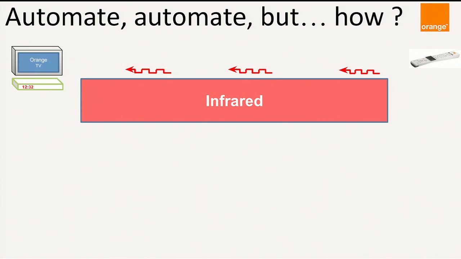So in our context, we have two worlds. One world is the infrared world, with the remote control on one side and our set-top box and the TV on the other side. On the Linux system on the set-top box, we don't have a lot of possibility to change things or add more tools, because this is a very tiny Linux with not a lot of functions.